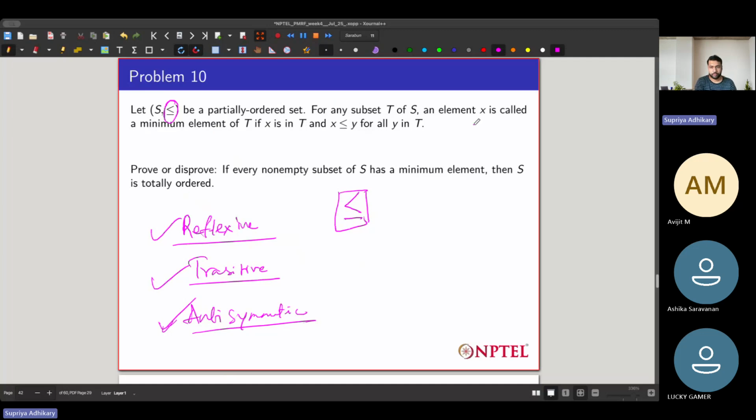Now for any subset P of S, an element x is called a minimum element of P if x is in P and x is less than or equal to y for all y in P. So this is the definition of a minimum element in a partial order set. Now we have to prove that if every non-empty subset of S has a minimum element, then S is a totally ordered set.